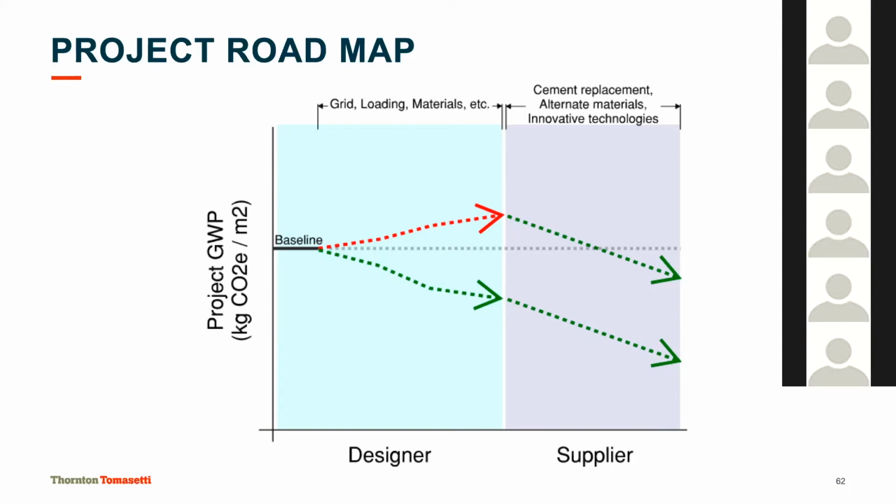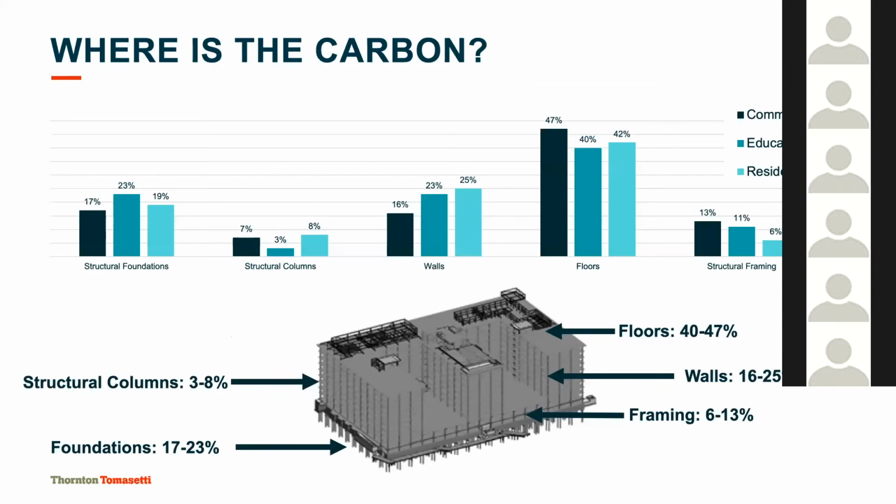So next slide, please. And one of the first things we need to do is understand where the majority of the embodied carbon is within the structure. And so this data that's on the screen is from TT's 10+ years of tracking embodied carbon in structural projects. But the biggest thing that I'd like to point out is that if you combine the last two categories there, floors and structural framing, they really go hand in hand.